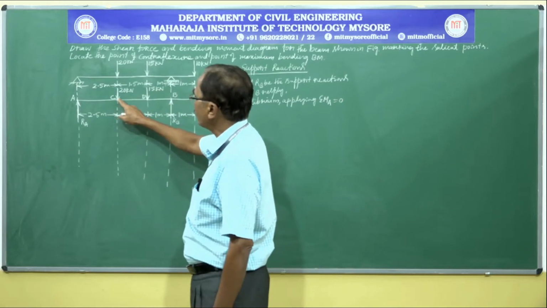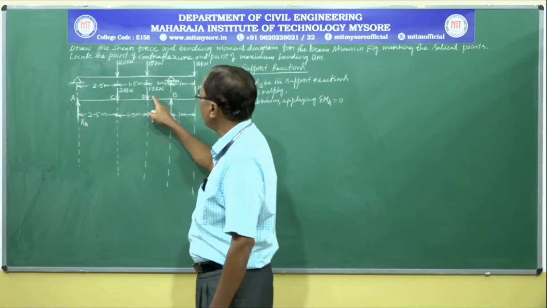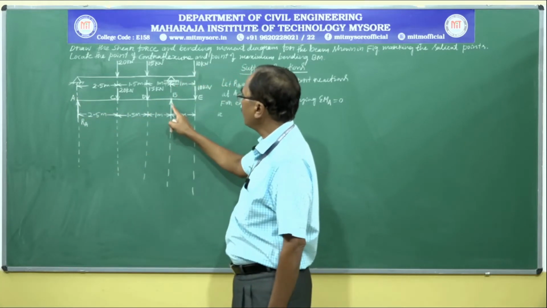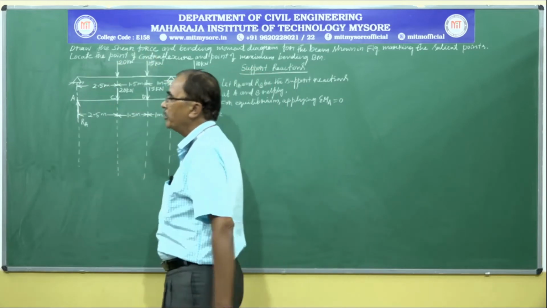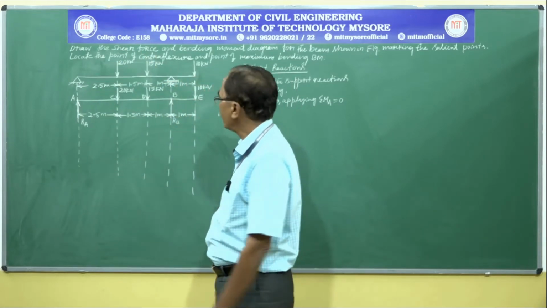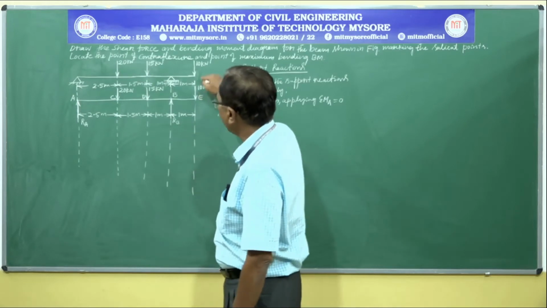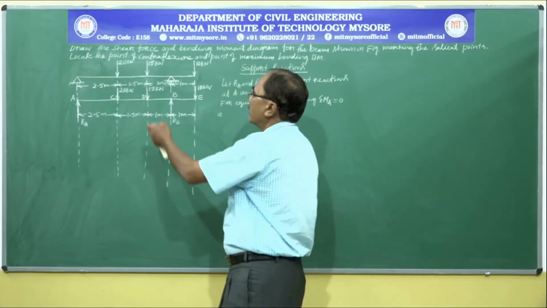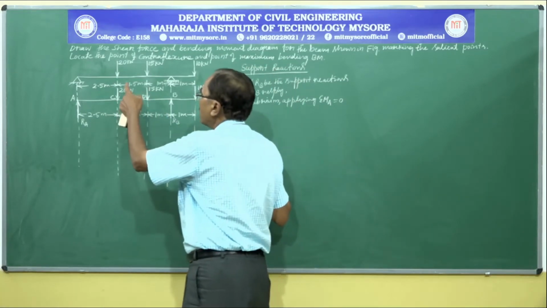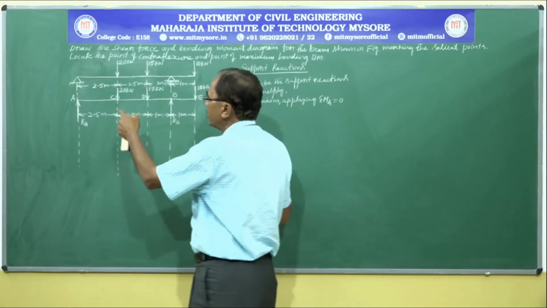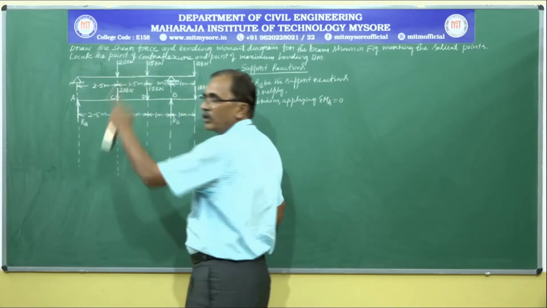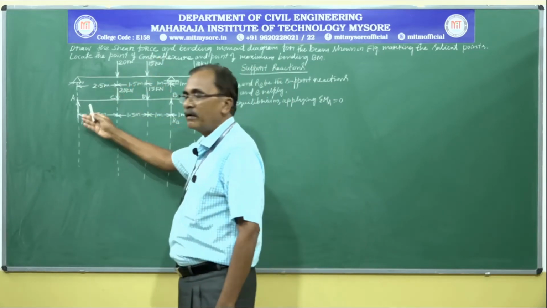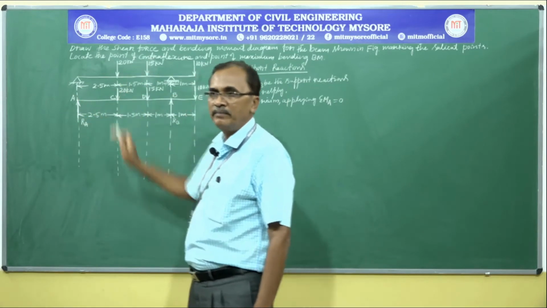The 20 kilonewton force will create a clockwise moment about point A, the 15 kilonewton force again a clockwise moment. RB will rotate the beam in the counterclockwise direction, an anti-clockwise moment. Lastly, the 10 kilonewton will create a clockwise moment about point A. Carefully observe the loads and consider their sign convention along with the perpendicular distance from the line of action of the force to the moment center. The force which will not create a moment will not be considered here.